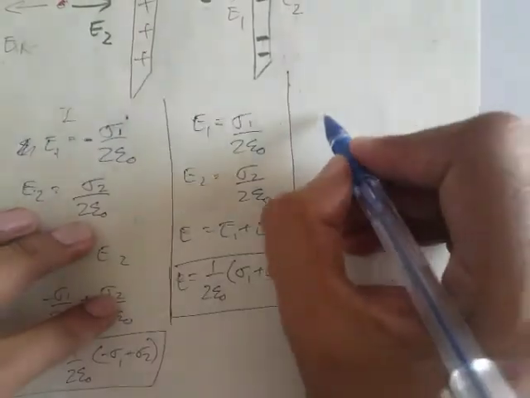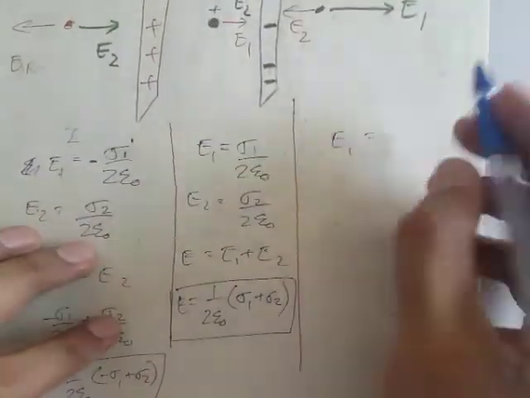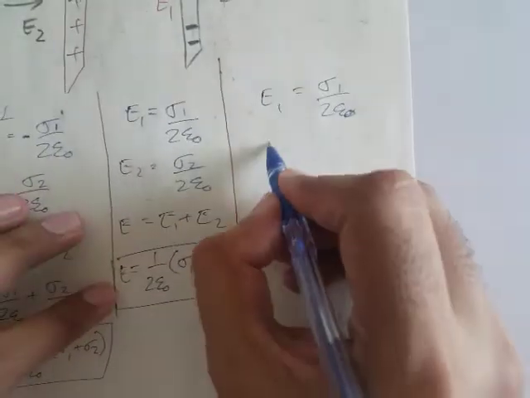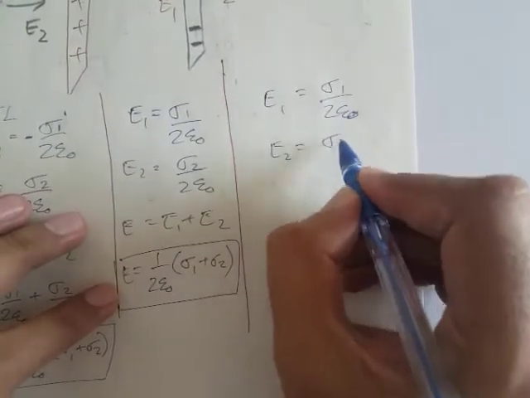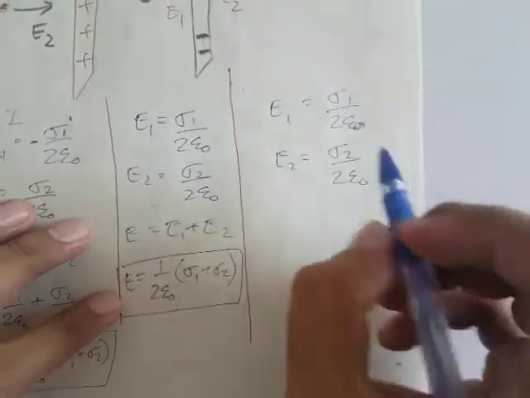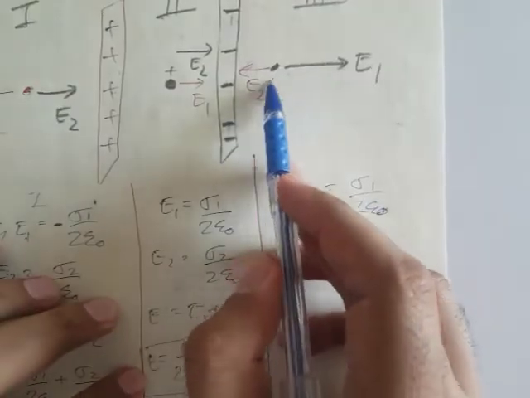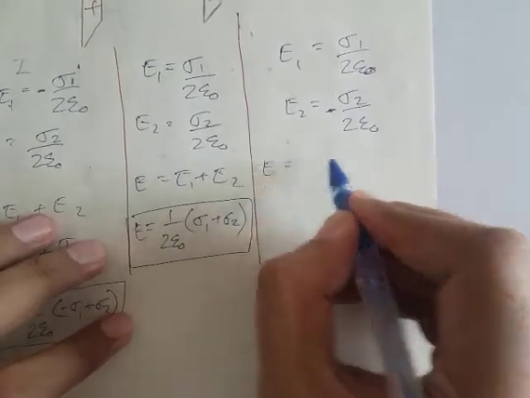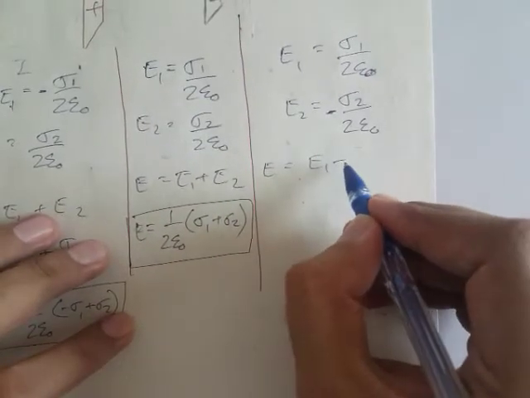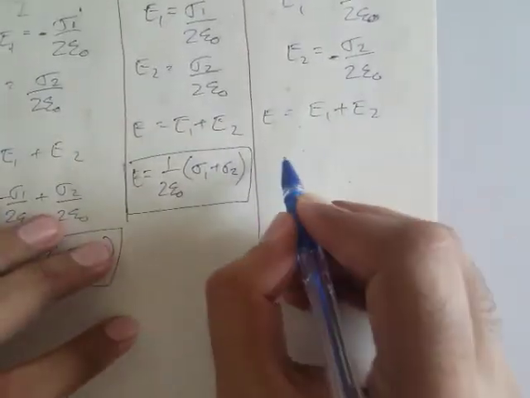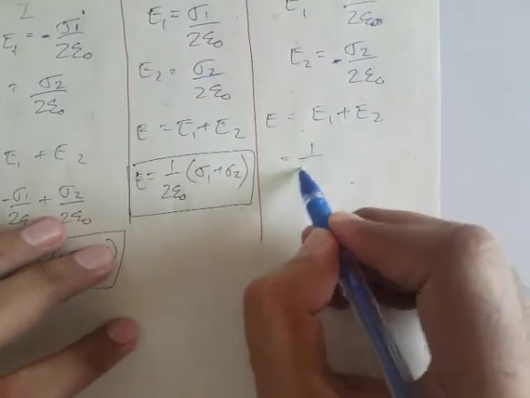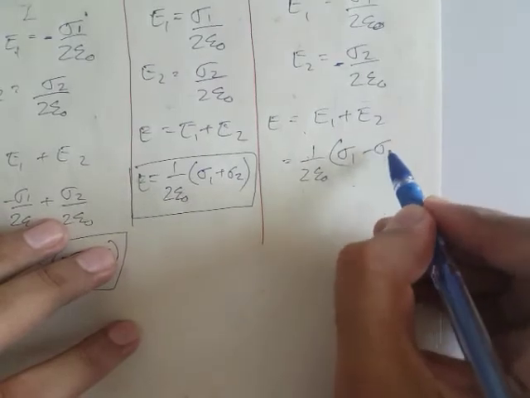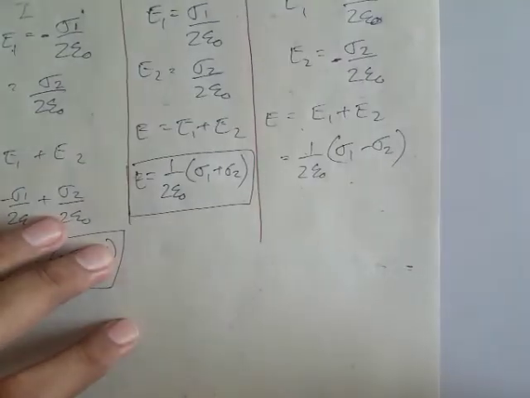In region 3, E1 is positive, that is sigma 1 upon 2 epsilon naught, and E2 is sigma 2 upon 2 epsilon naught, but this one is in the opposite direction, so there will be a minus sign. By superposition, that is E1 plus E2, and we get 1 upon 2 epsilon naught common, and sigma 1 minus sigma 2. We get this equation.